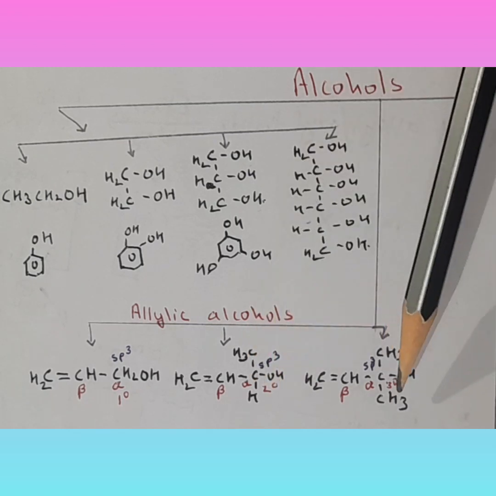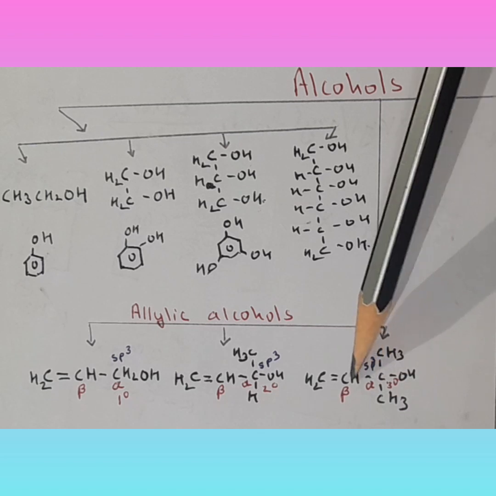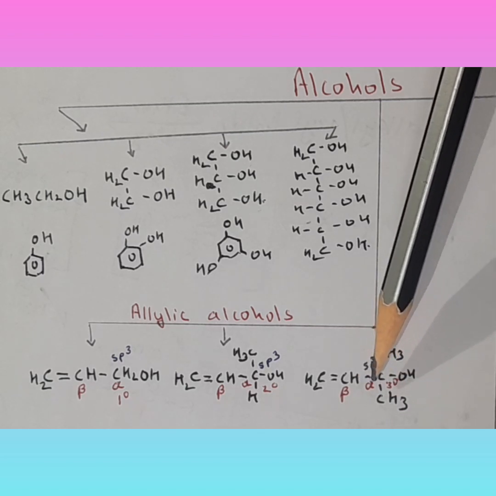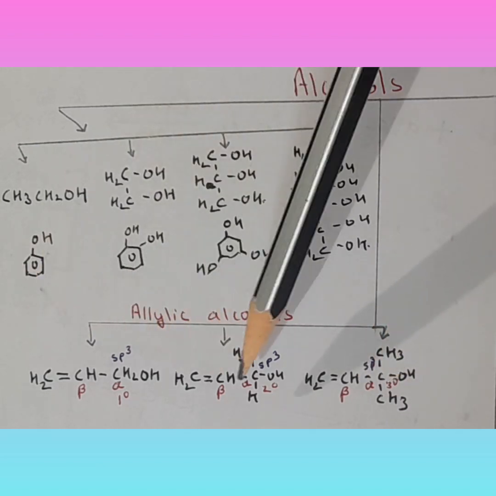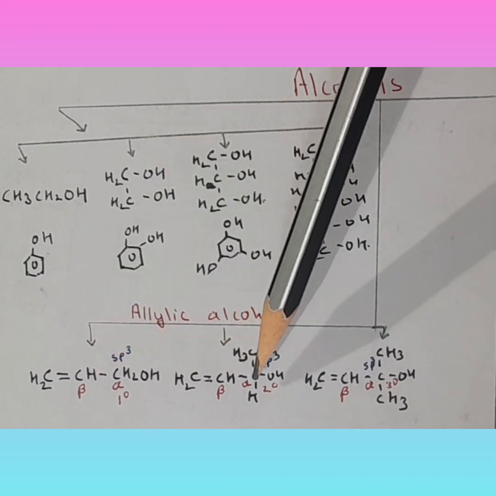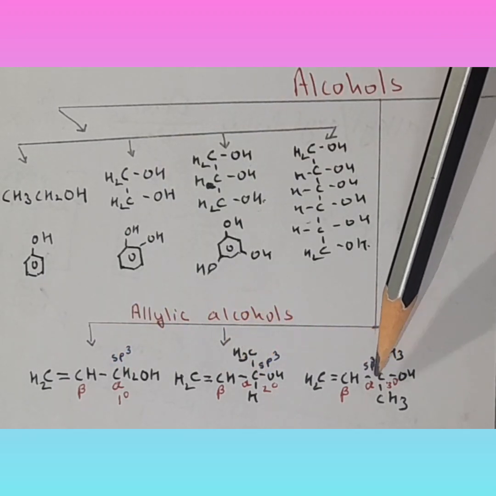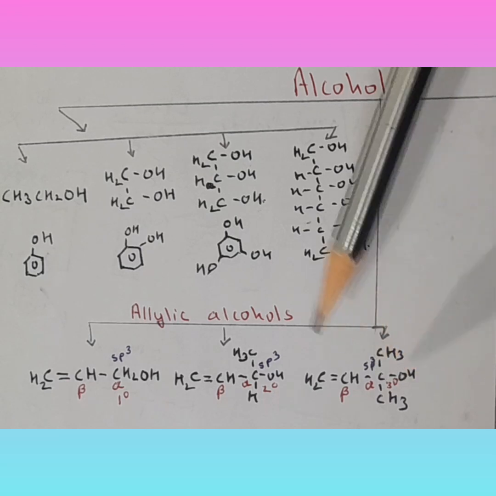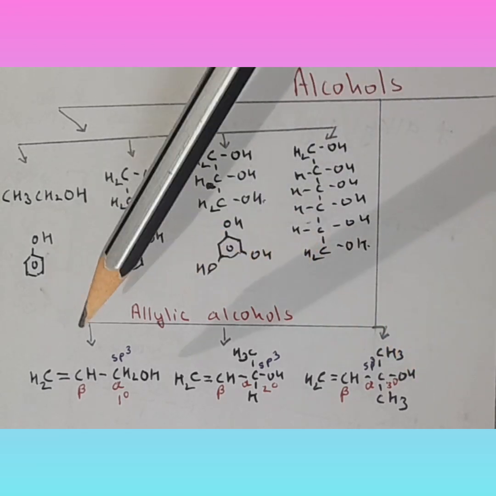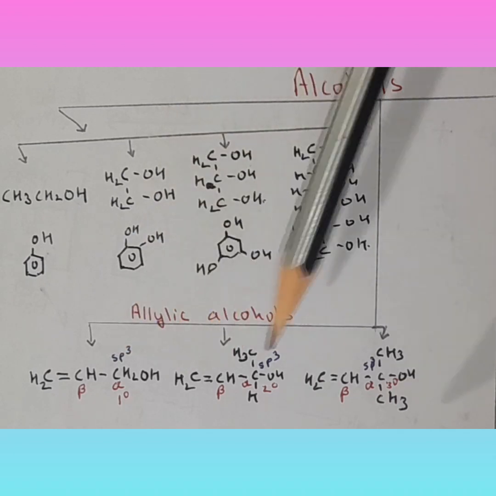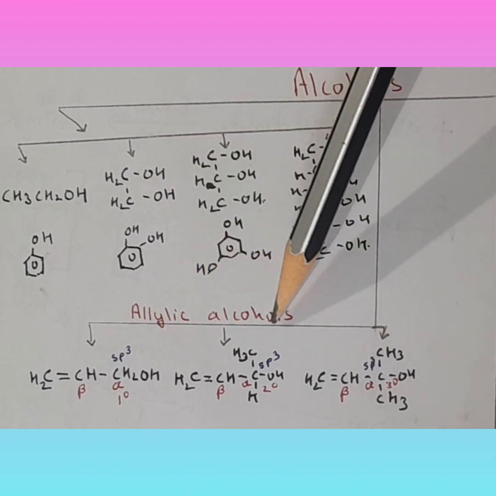And this is tertiary because to this carbon 3 carbons are attached. So 1 degree, 1 degree, 2 degree, 3 degree. Mind you, we have got to see the carbon to which the functional group is attached because we are talking in terms of alcohol. So we have primary, secondary, tertiary allylic alcohols.